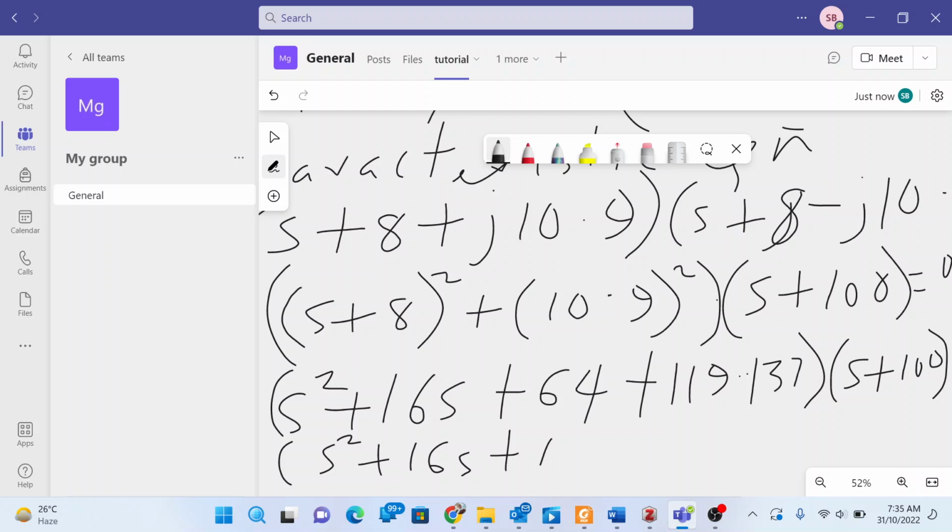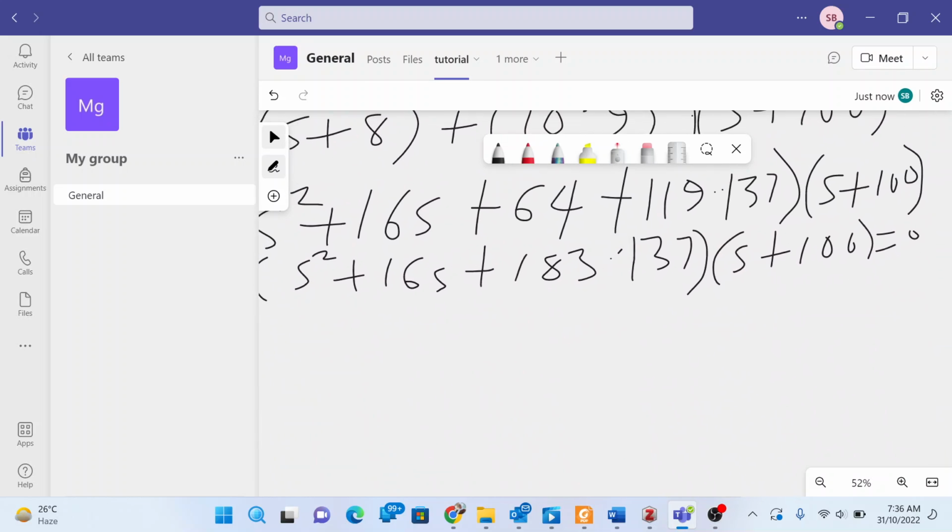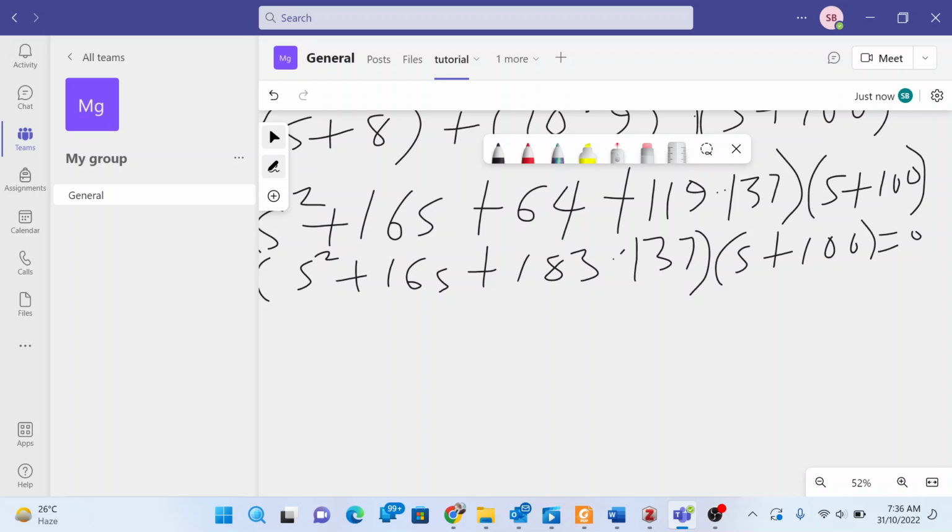And the square of 10.9 is 119.137. So we expand further, this is going to be times S plus 100 equals 0. Now if we add 64 and 119.137 together, that gives us S squared plus 16S plus 183.137, times S plus 100 equals 0. Now this is going to be expanded further.